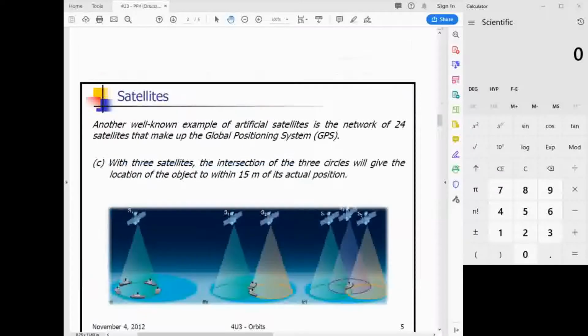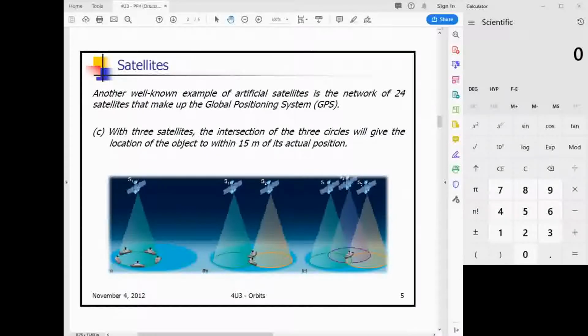Now, if we add a third satellite, that third satellite would be able to say where the location of that boat would be along its circumference. And I don't exactly like how this image is showing it because it's not technically correct like that. The third satellite would know that the boat is, say, Z distance away. And it would then have a third intersection point. So imagine 3 circles intersecting.